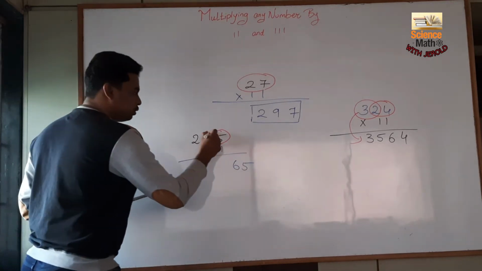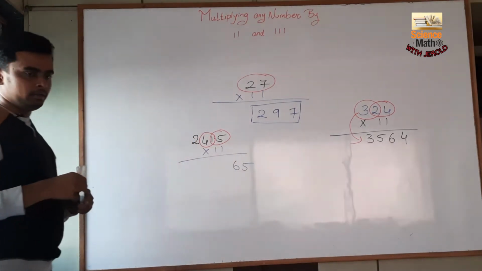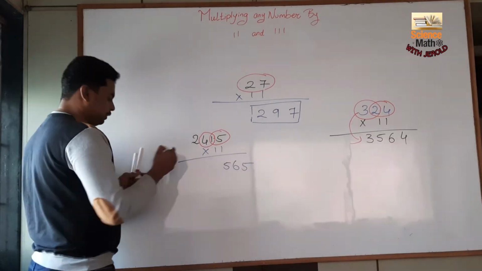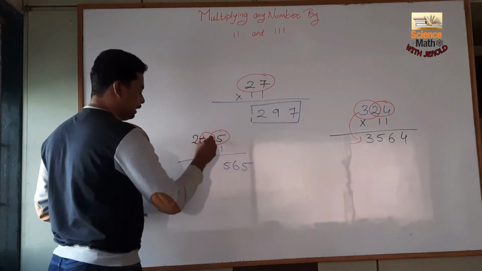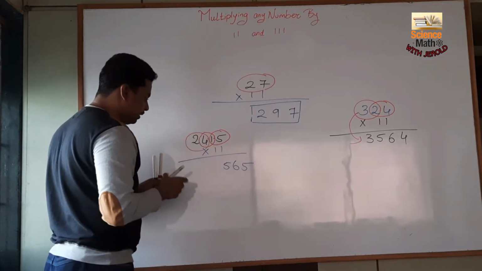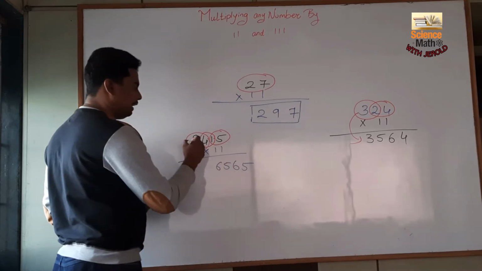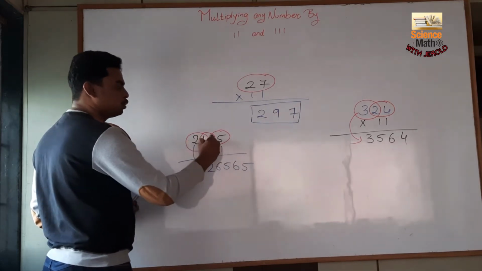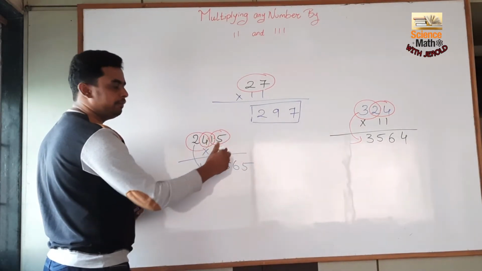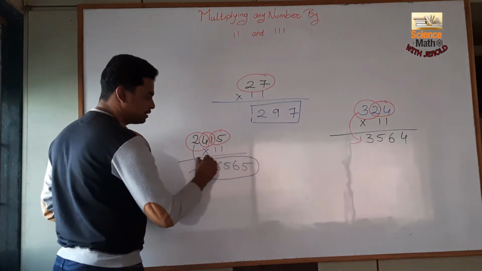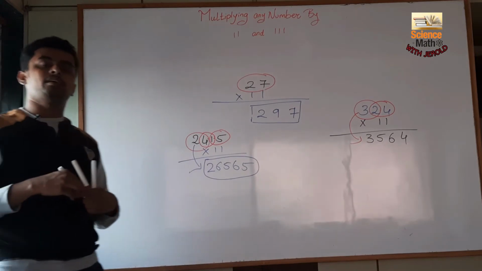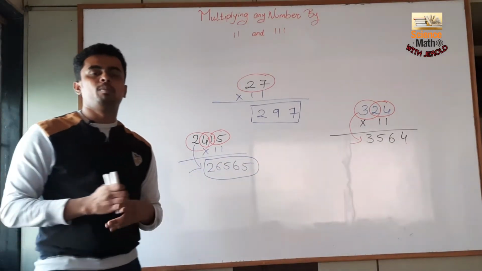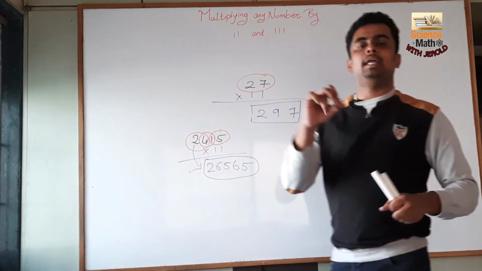Then the next 2 digits, 4 and 1, will give me 5. Then the next 2 digits, 2 and 4, will give me 6. And finally the 2 will come down as it is. So 2415 multiplied by 11 will give me 26,565. That is how you multiply any number by 11.